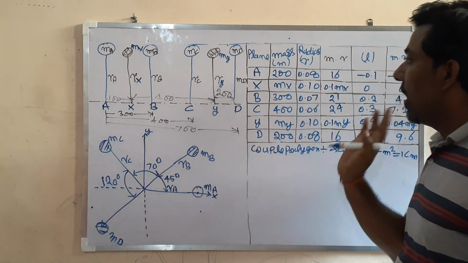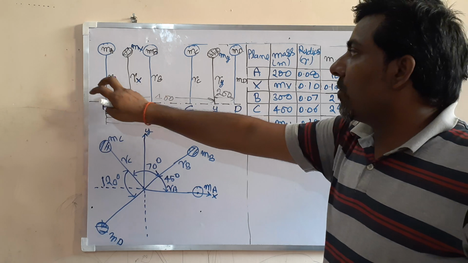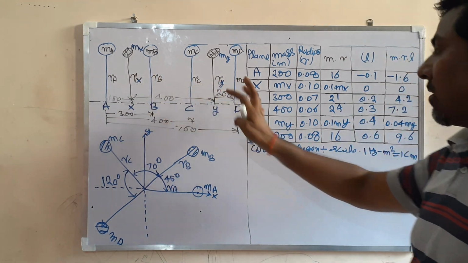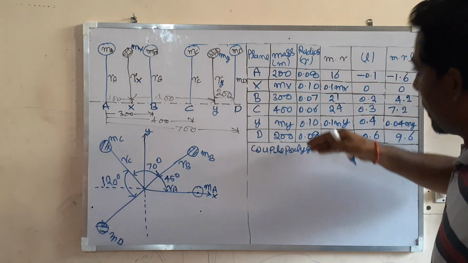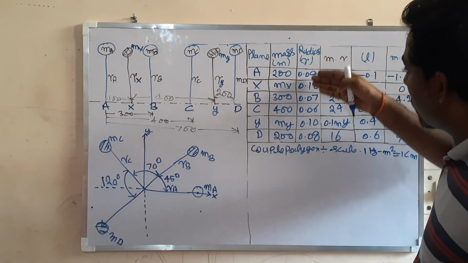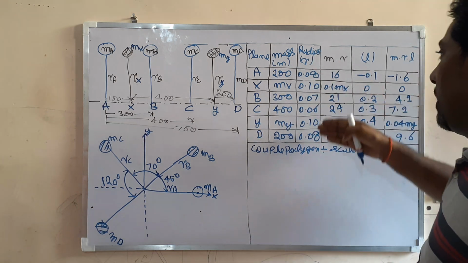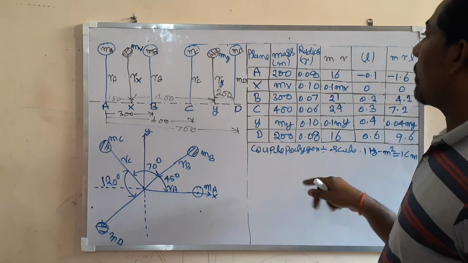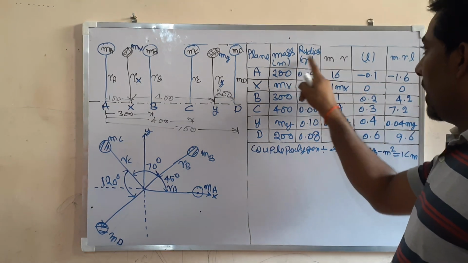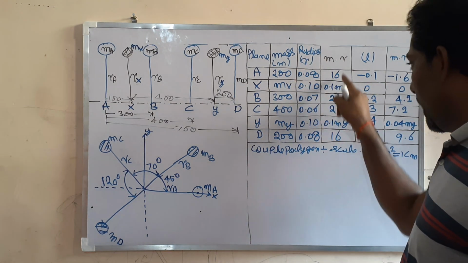Also, the radii of rotation RA, RB, RC, RD, RX, RY are given in the question. I have written them here in mm, and converted them into meters. Now find m into r: multiply these two columns, and you get this value.